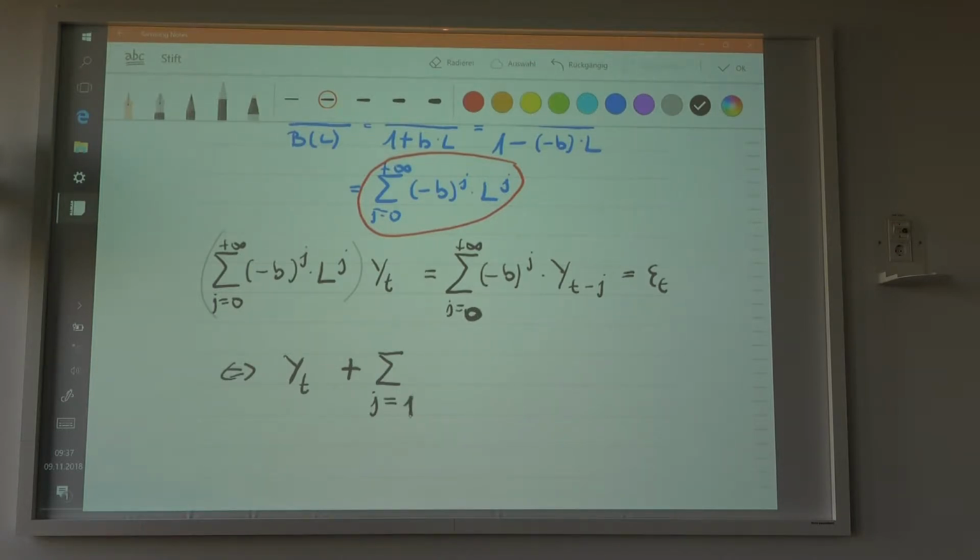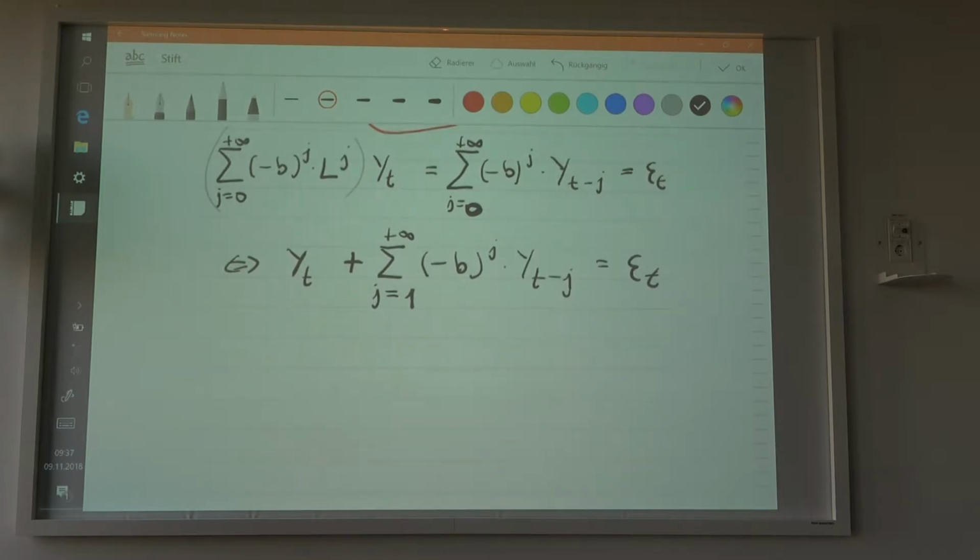Be careful, here we have 1 because I took out the first summand from this sum. The first summand is yt, of course. Then I keep the rest as it is, yt minus j, and this is equal to the noise at point t.